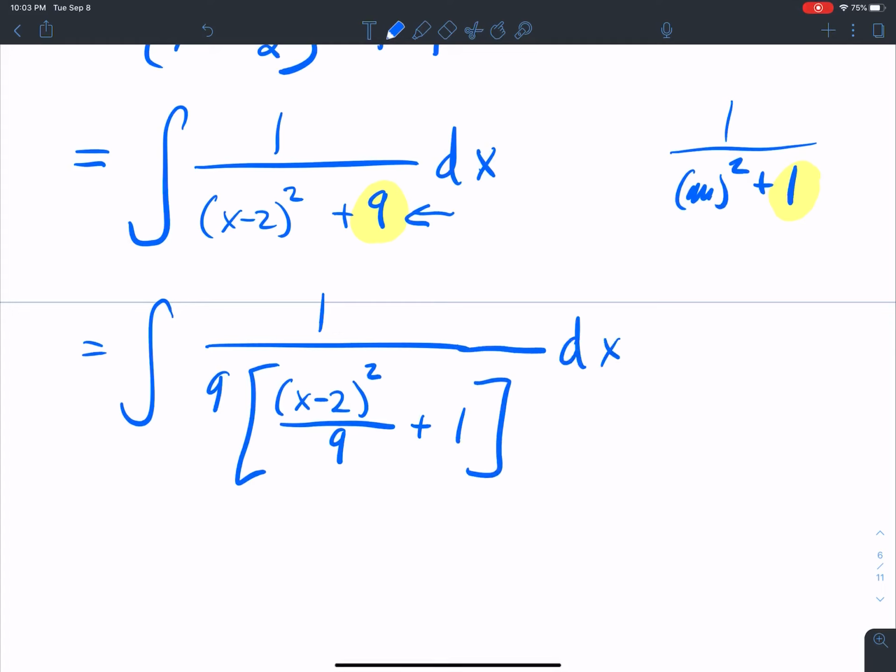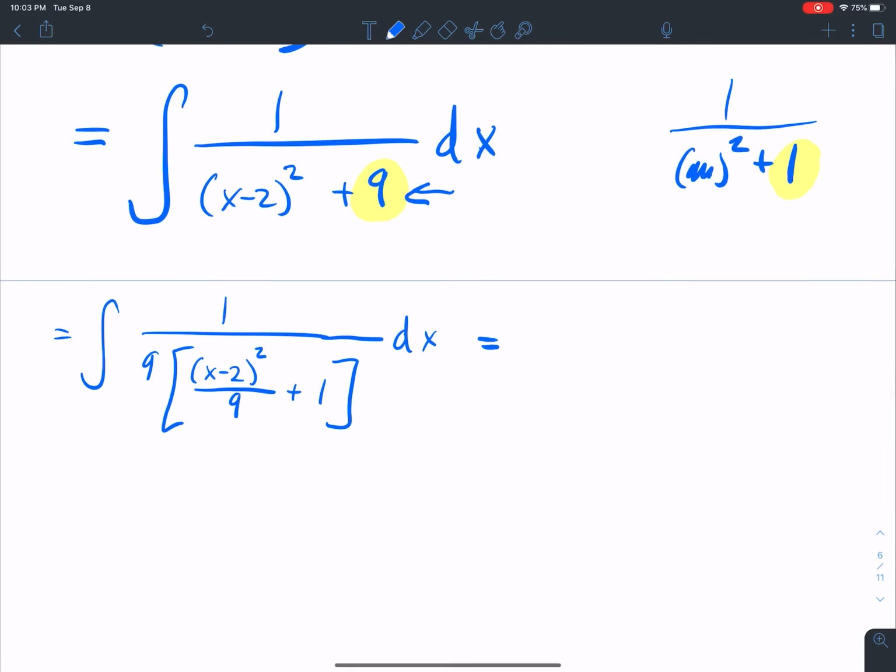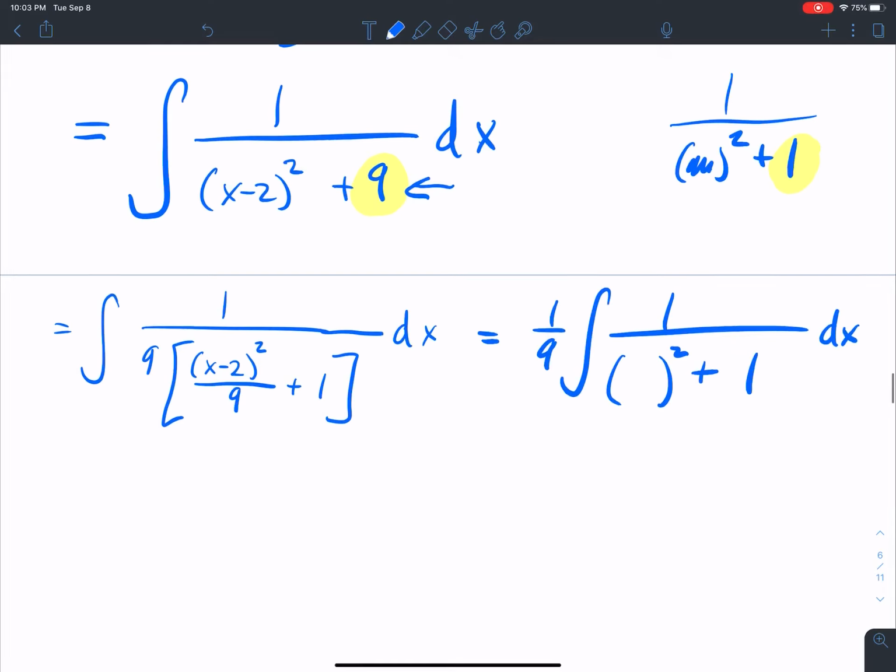Okay, so what does that mean for us? That means that this is 1 over 9, integral 1 over, now something squared dx. That's what I want, right?